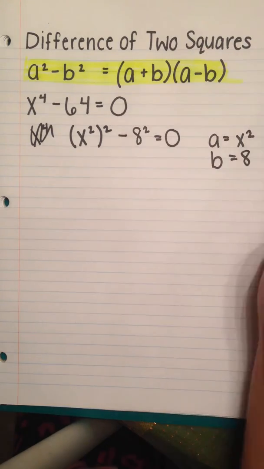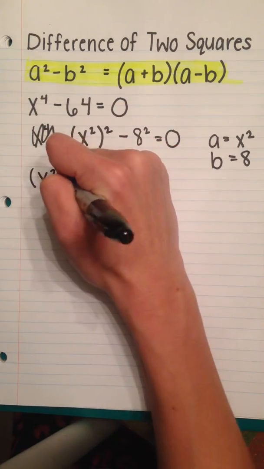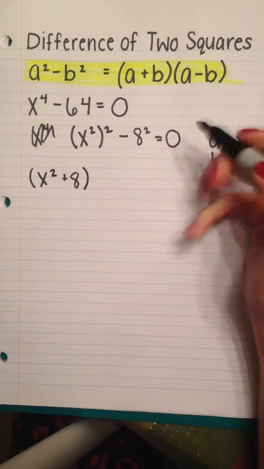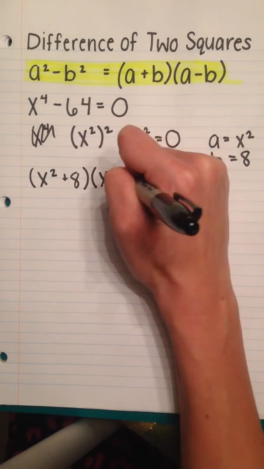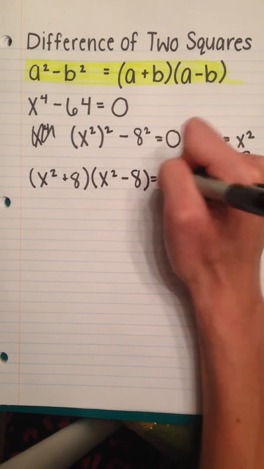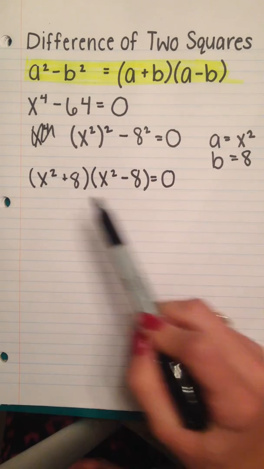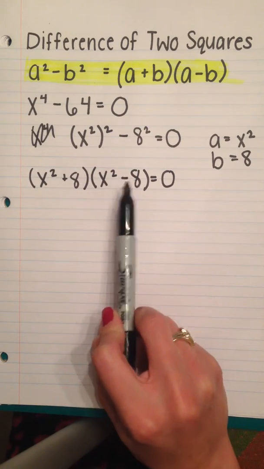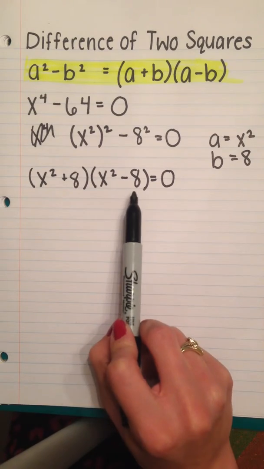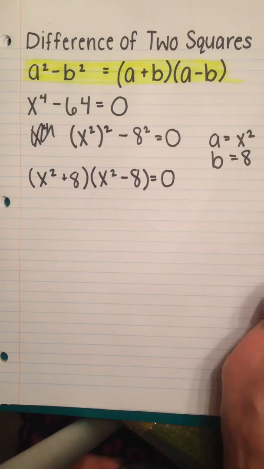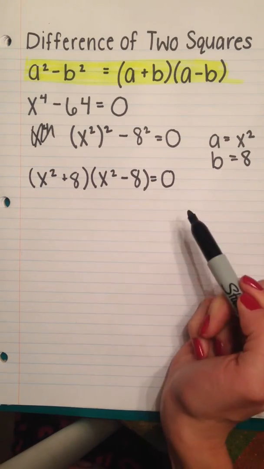We have a plus b, so x squared plus 8 times a minus b, x squared minus 8, all equal to 0. Now, just as in any factoring, if we have something times something else equals 0, we know that one or both of these terms must be 0. So to do that, let's take each term and set it equal to 0.